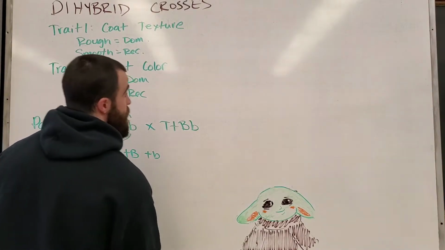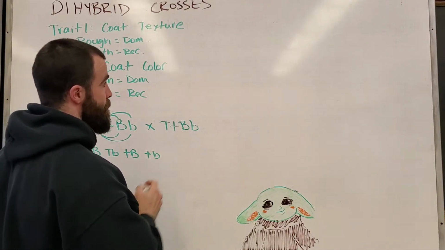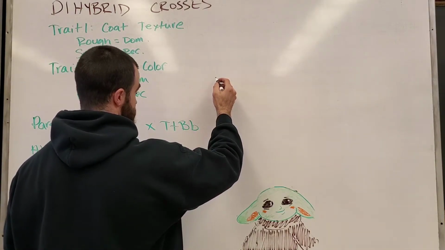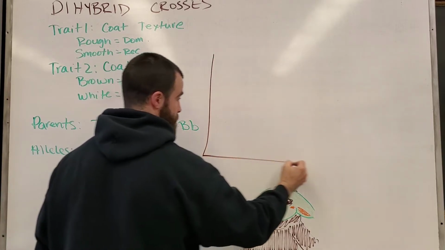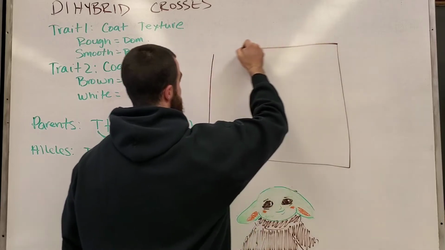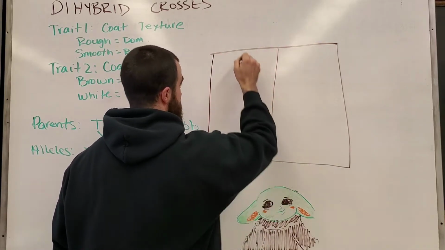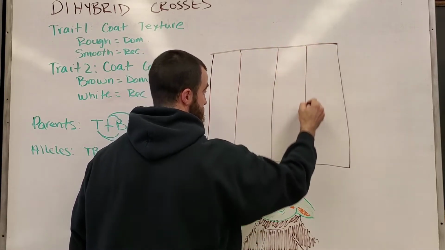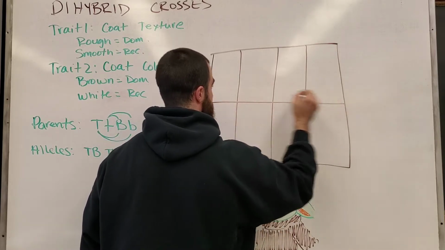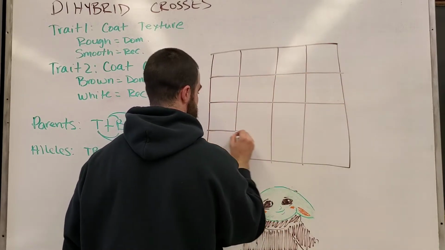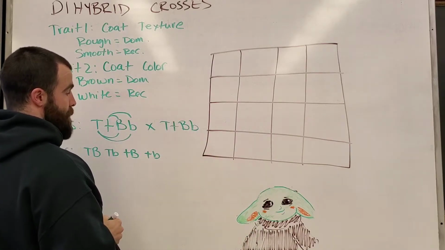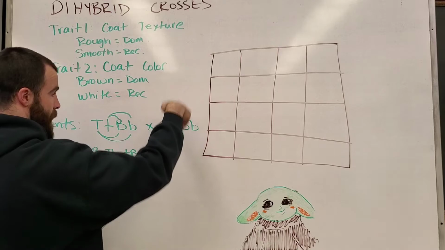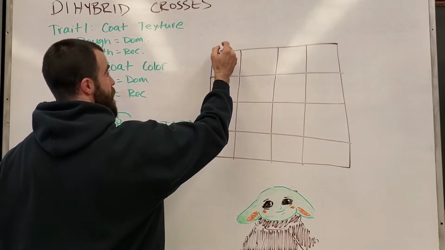So the next thing we're going to do is fill in our Punnett square. For these crosses, we're going to do a 16 box. We're going to put the allele combinations from each parent across the top and along the sides.